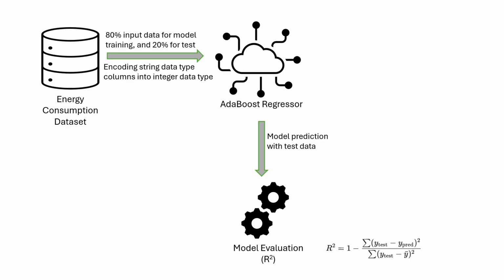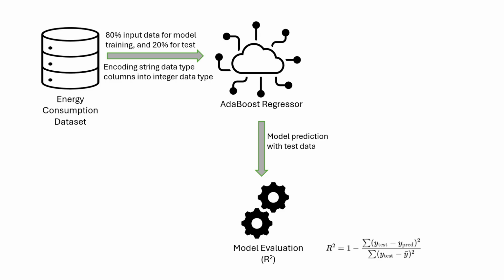With our data pre-processed, we split it into training and test sets, 80% for training and 20% for test. The AdaBoost regressor is then trained on the training set, learning to minimize prediction errors through its sequential correction mechanism. Once trained, we evaluate the model using the R-squared metric, which tells us how well the model explains the variability in energy consumption.